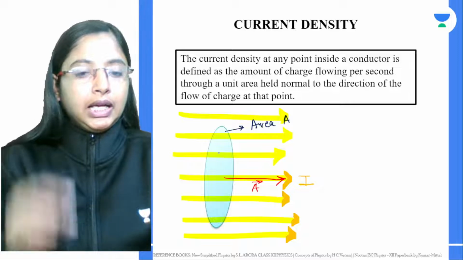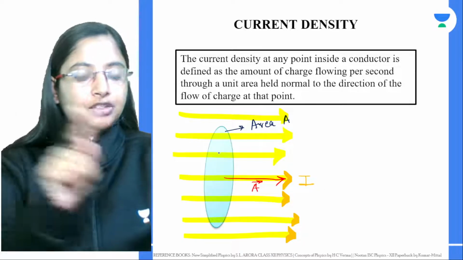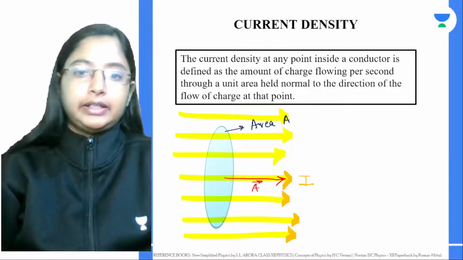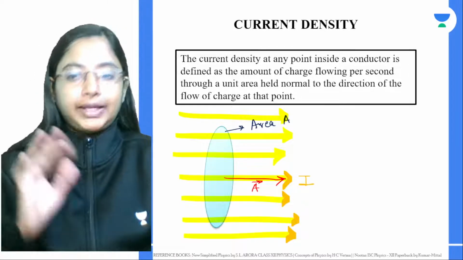Now how many charges are crossing through that area vector? That gives you your current density, and it's a vector quantity.